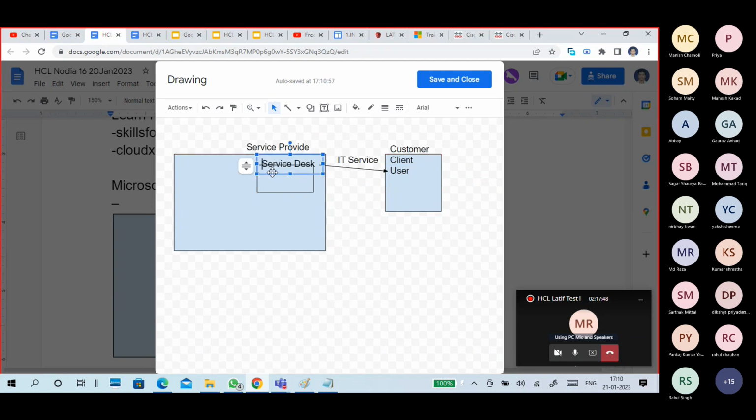For example, different levels are there on a service desk, and different technology support is there in the service desk. So whatever it is, if the customer has any issue, or a requirement for certain information, or a change of services, he will try to reach the service desk.